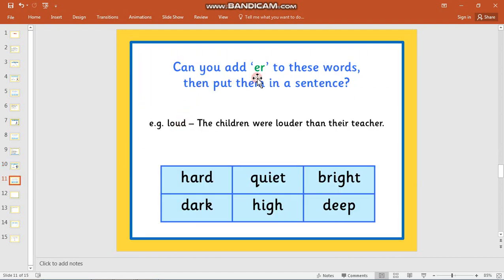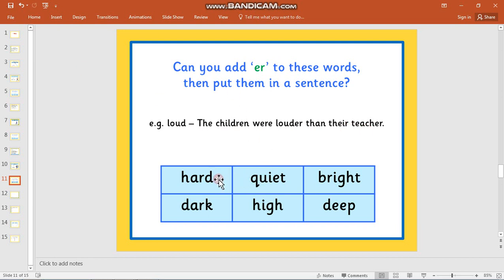Can you add the suffix to these words, then put them into a sentence? Loud, when I add er, becomes louder. The children were louder than their teacher.